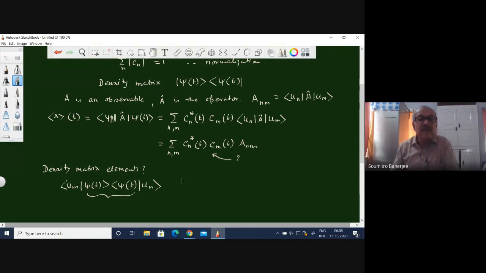Now notice that psi(t) has a component in the u_n direction, so this will take out our C_m(t), and it is reversed: if it is u_n here and psi(t) here, it will give me C_m.